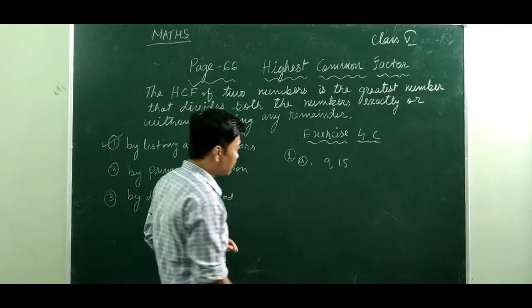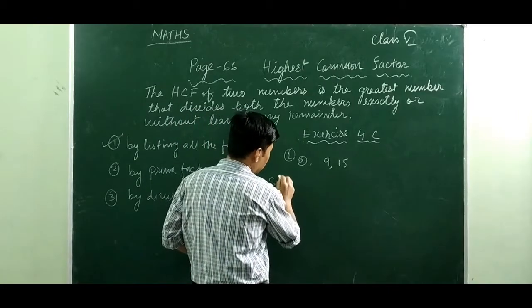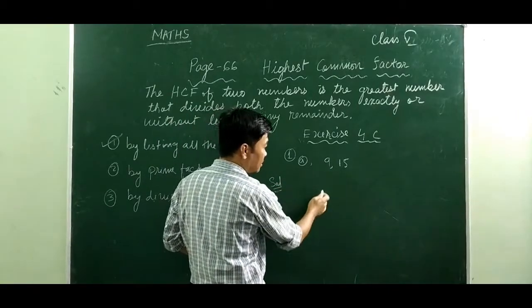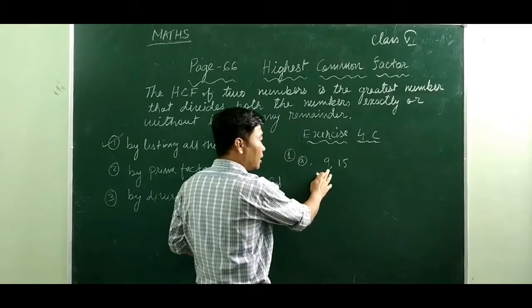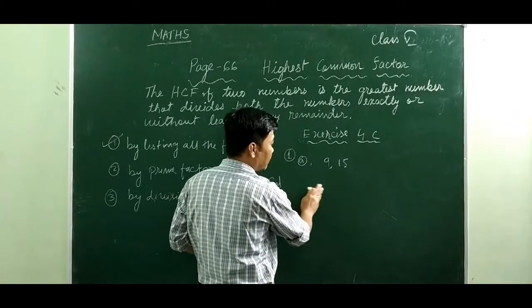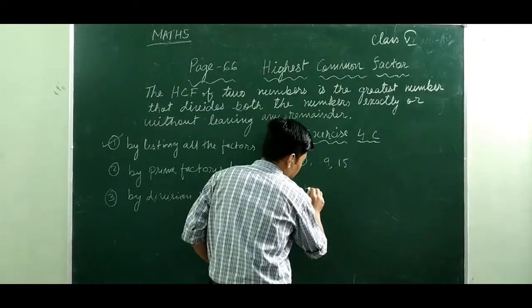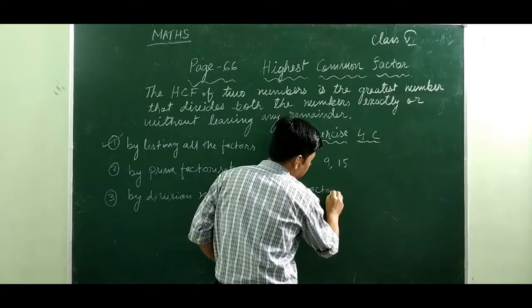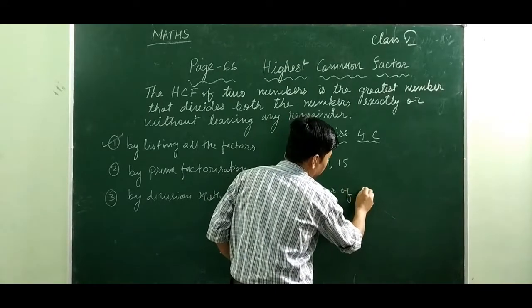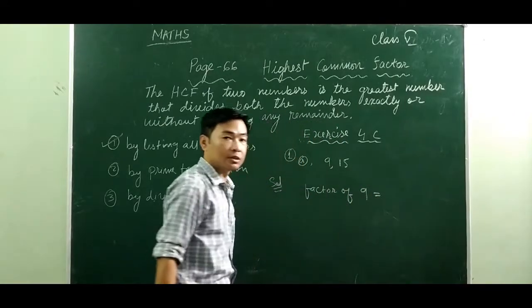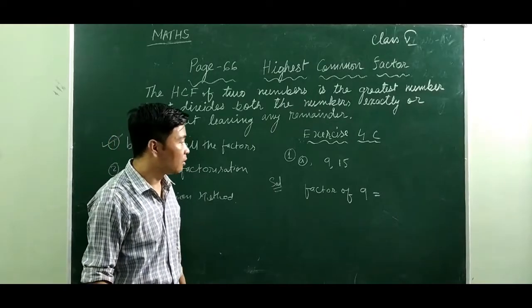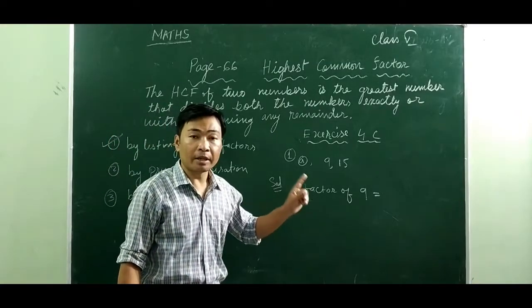It's very easy. Let's take this method number 1, and we have to find all the factors of the number 9. How do you find the factors of 9? You will find them by using the tables.